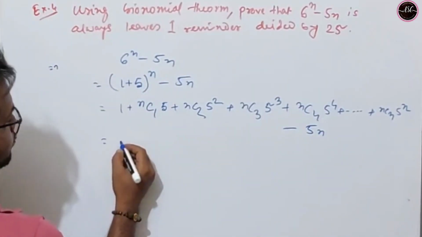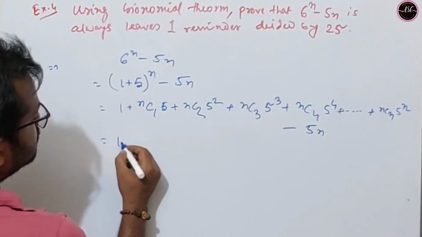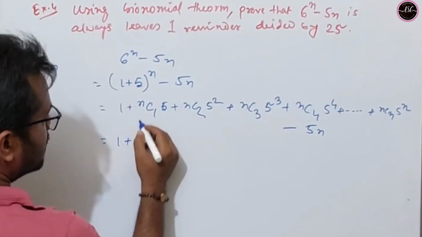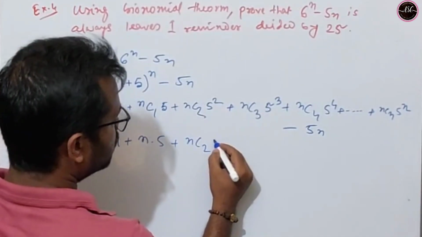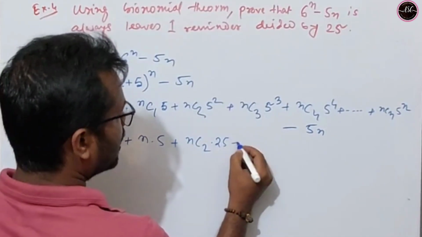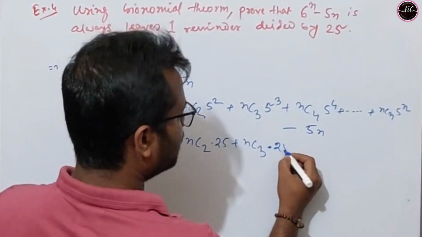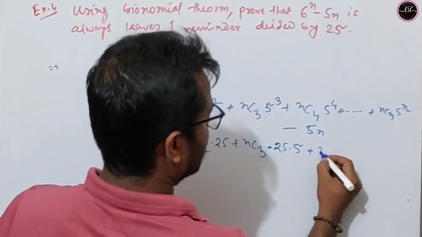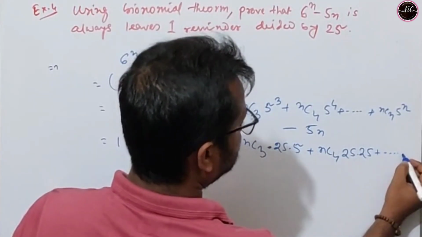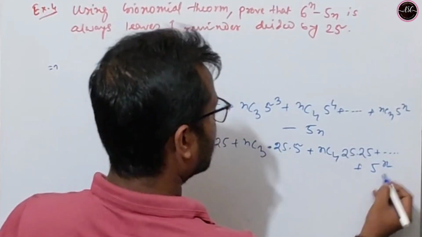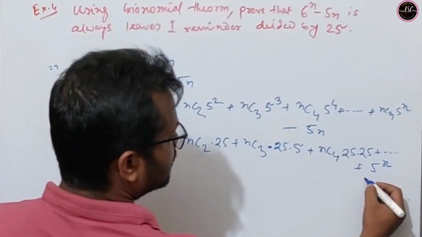Okay, so we can write this here 1 plus nc1 equal to n dot 5, plus nc2 5 square equal to 25, here nc3 5 cube equal to 25 into 5, here nc4 5 to the 4 equal to 25 into 25, plus dot dot dot dot 5 to the power n, minus 5n.